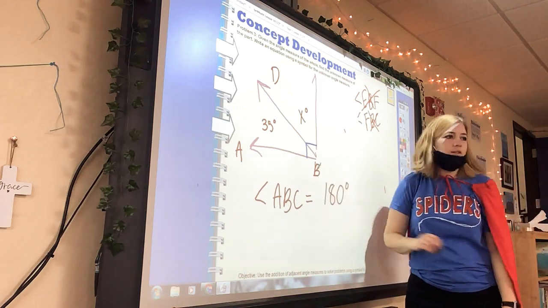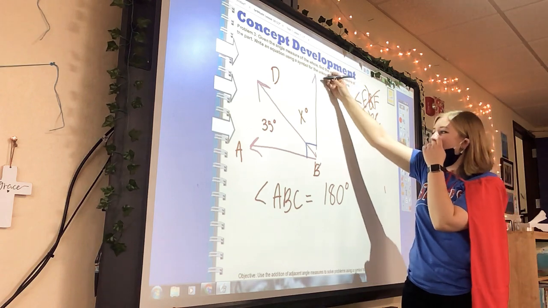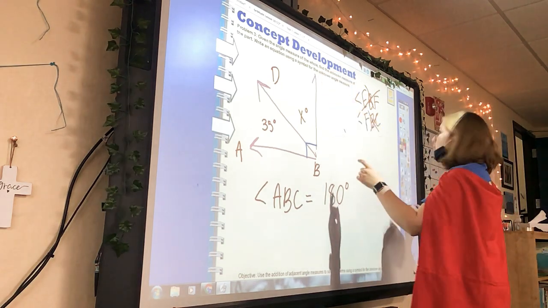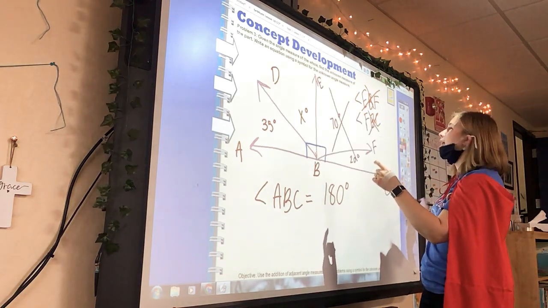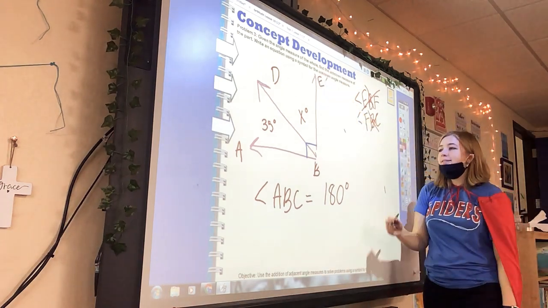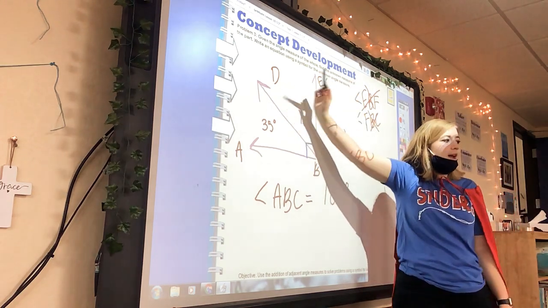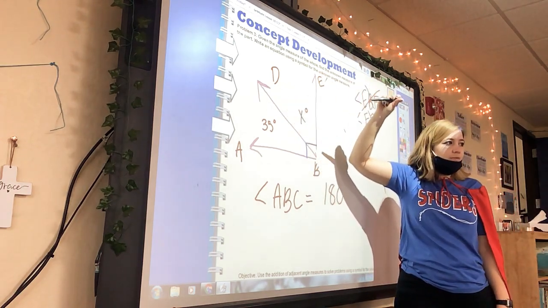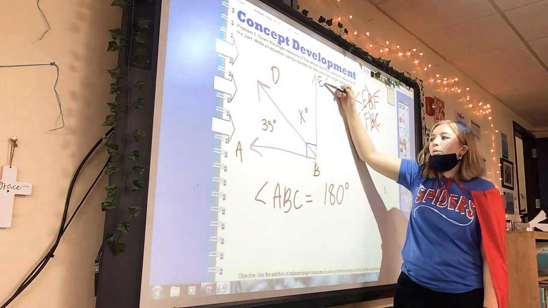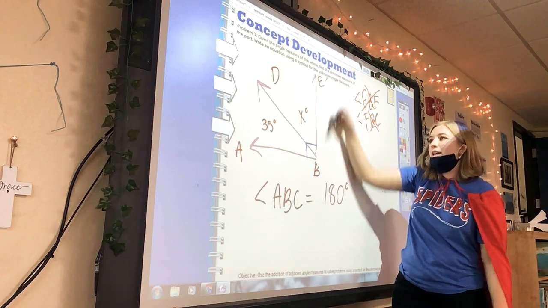This one is E. So all we have to do is find angle EBD. Everybody got that? We know angle DBA. We need to find EBD.